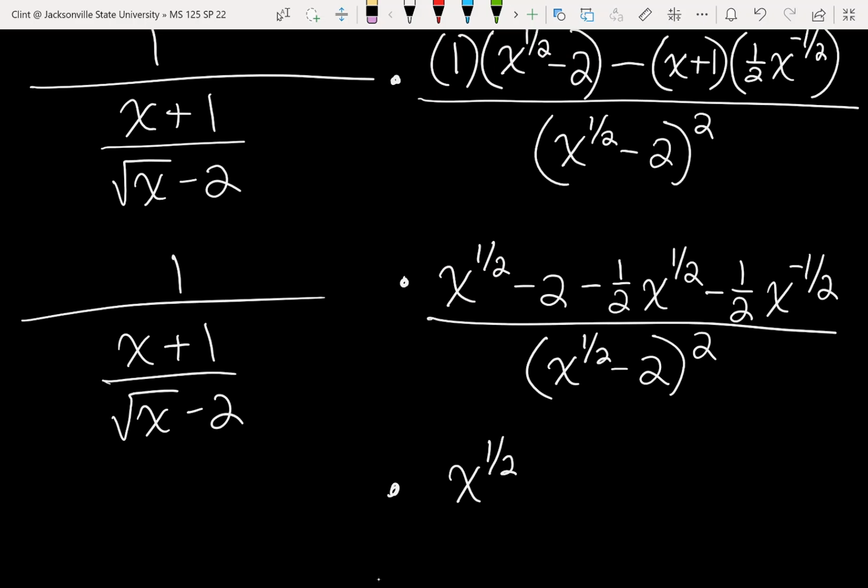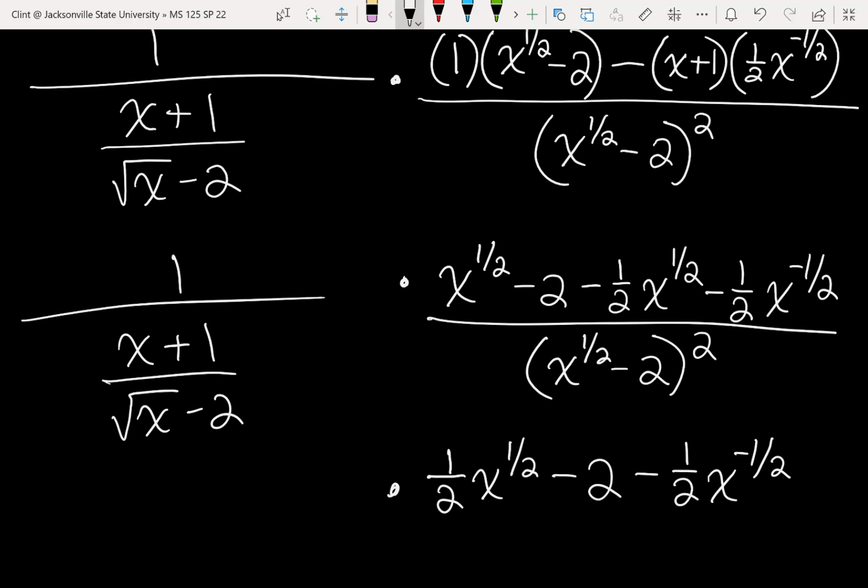So we get 1/2 x to the 1/2 minus 2 minus, I think we need a couple more 1/2's thrown in there. So that's me doing this 1 minus 1/2.